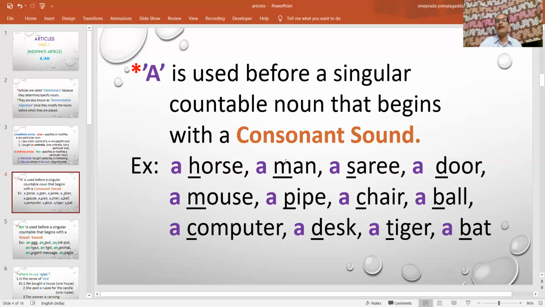Here man, M is a consonant, S is a consonant, and door, D is a consonant. Similarly, all the underlined letters in the remaining words are also consonant letters with consonant sounds. That's why the indefinite article a is used before them.